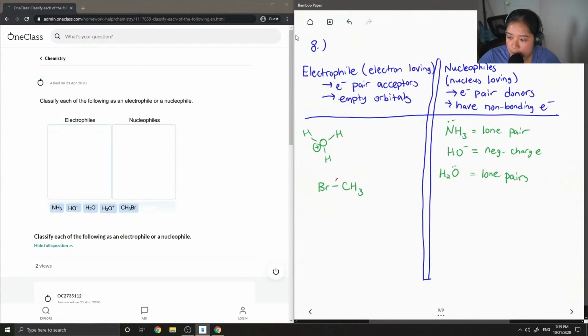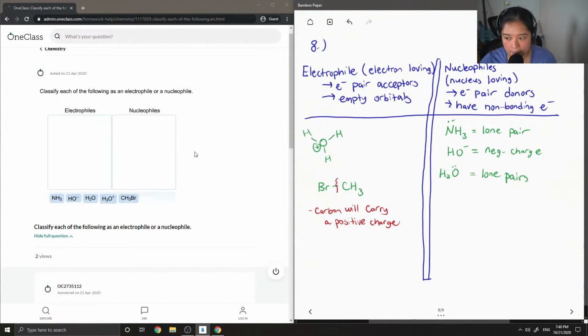If you break this bond right here, then the carbon will carry a positive charge. So that's why this is also an electrophile. So typically bromine, chlorine, like they're all good leaving groups. So after the bromine leaves, then that's why that carbon will have a positive charge, making it an electrophile.